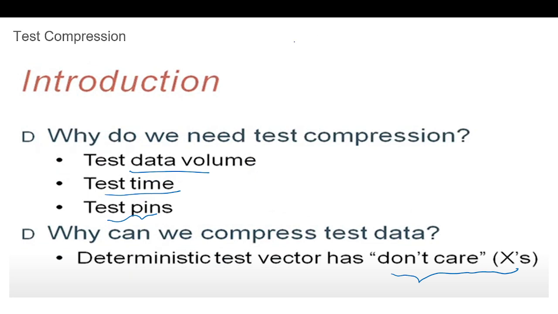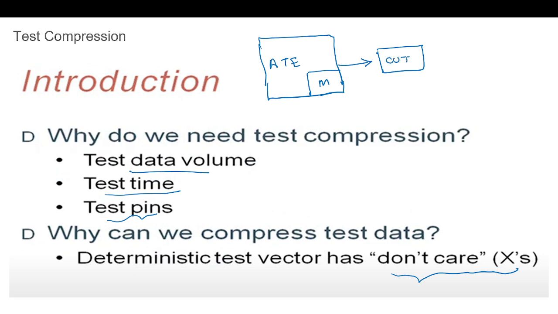So we have an ATE machine. ATE machines are costly and it has a limited memory in it. This applies the patterns to the circuit under test. Now, to reduce it, we will compress the pattern and we will keep it in the memory.